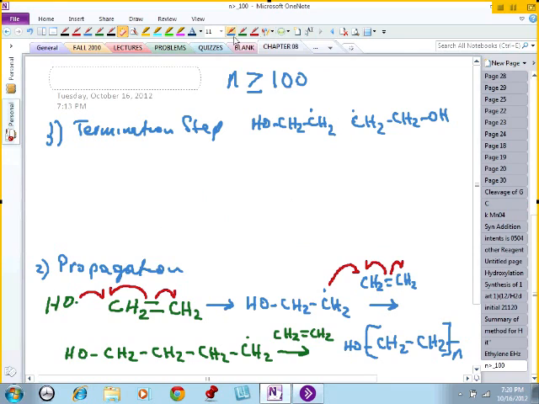So this could be your termination step. And that is how we form most of the plastic that you have in commerce today. This particular plastic we call polyethylene, depending on the starting material.